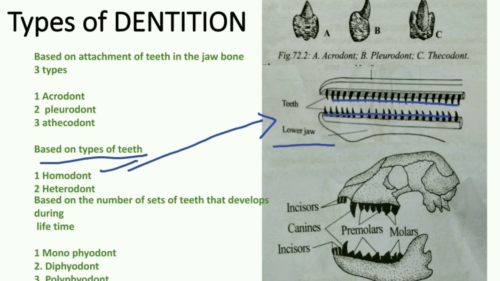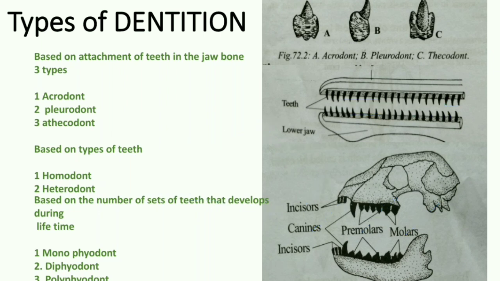Then heterodont. In heterodont dentition, the teeth are different in shape and function within the same animal, differentiated into four types: incisors, canines, premolars and molars.